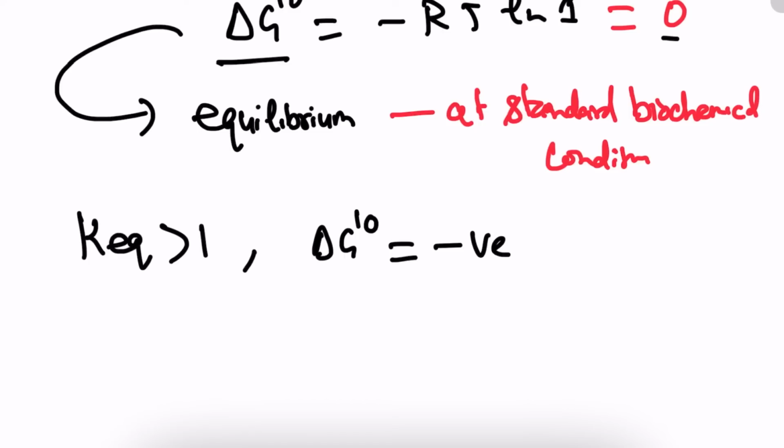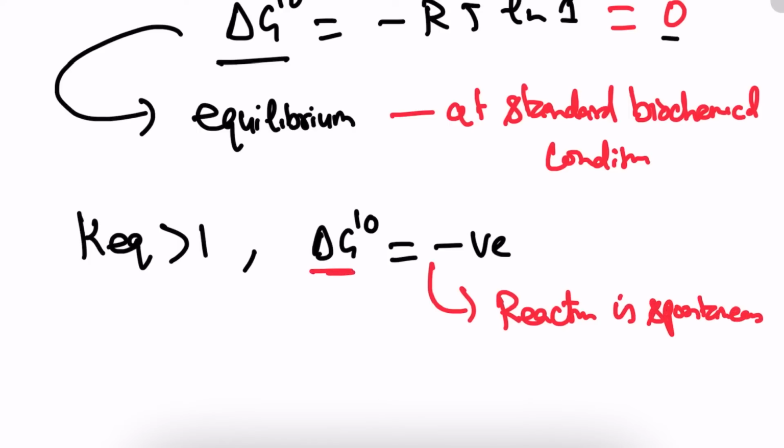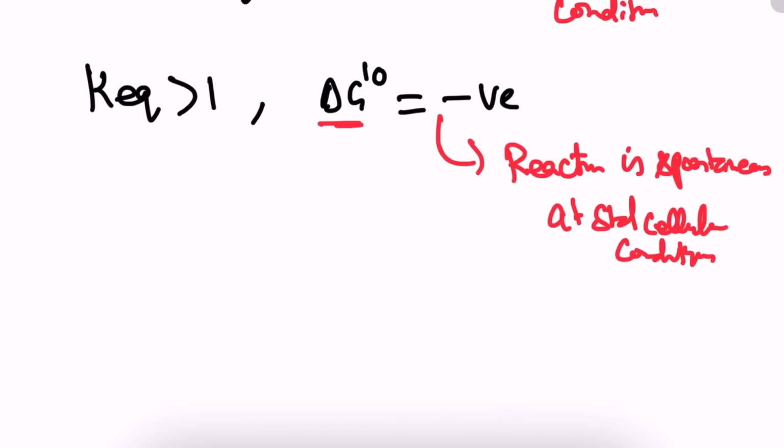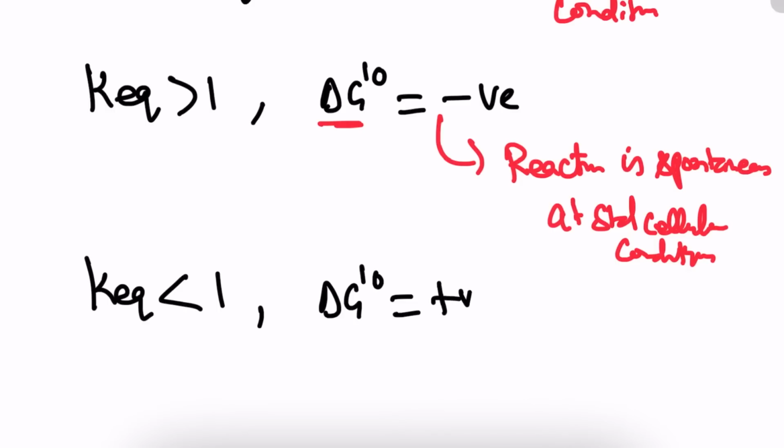So in that situation the reaction is spontaneous. We are talking about this standard condition, so the reaction is spontaneous at standard cellular conditions. Then if the value of K equilibrium is less than 1, in this case keep in mind delta G prime naught will be positive.